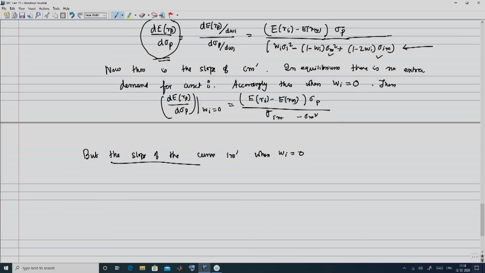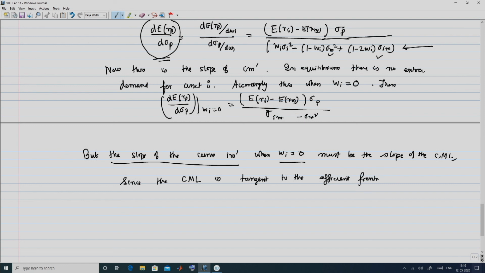Reconciling that, the slope when W I equal to 0 must be the slope of the capital market line, since the capital market line is tangent to the efficient frontier, which I have identified as E F at the point M. And also we recognize that E F is tangent to I M prime at M.